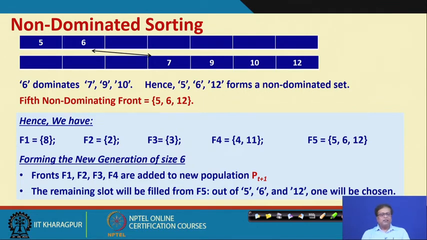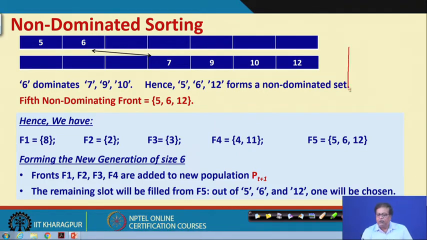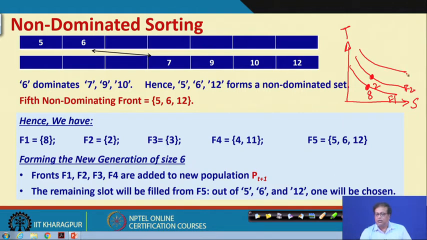So, what exactly does it mean? It means that out of these S and T, in the first rank we have got 8. So, this is in the front 1. In the front 2, that is F2, we have got 2. In the third Pareto front we have got 3.